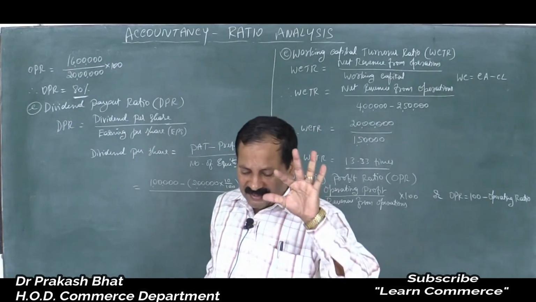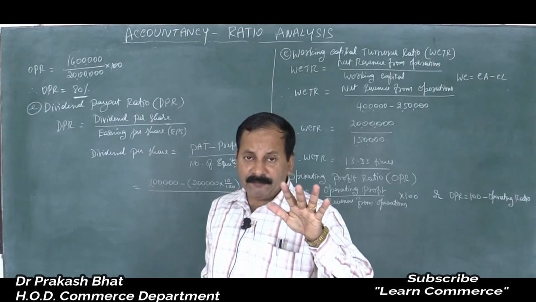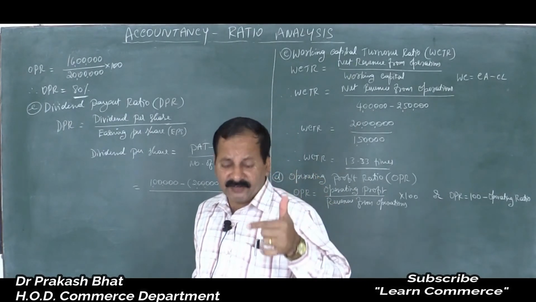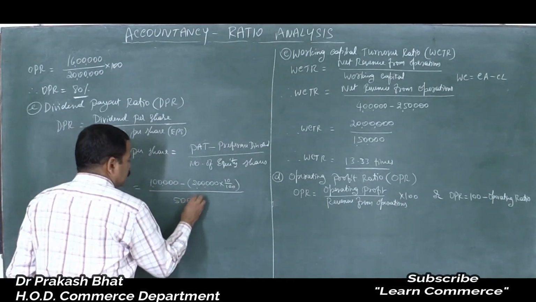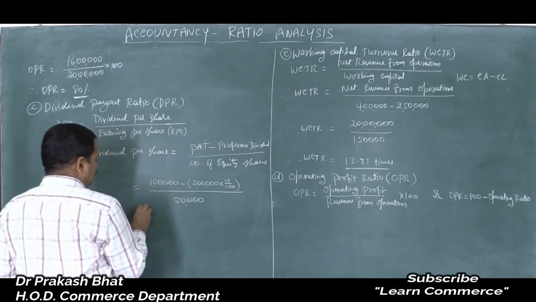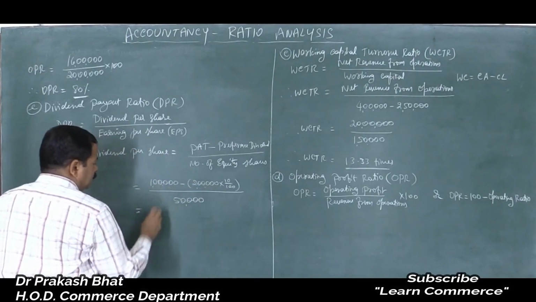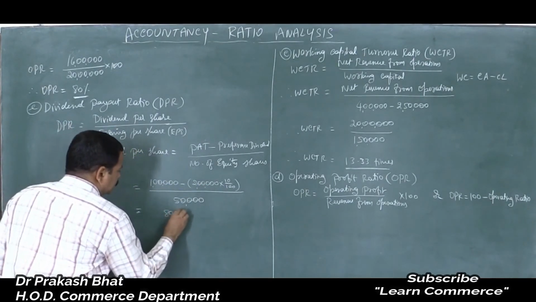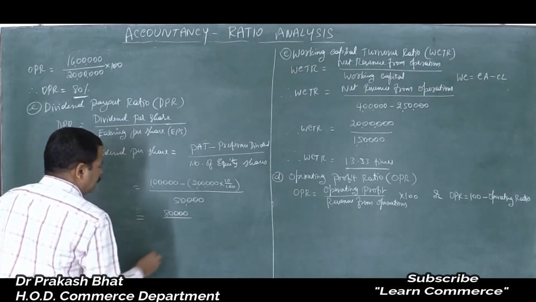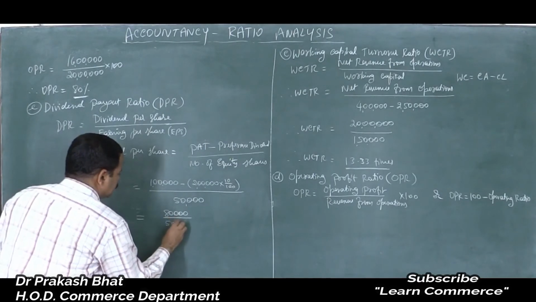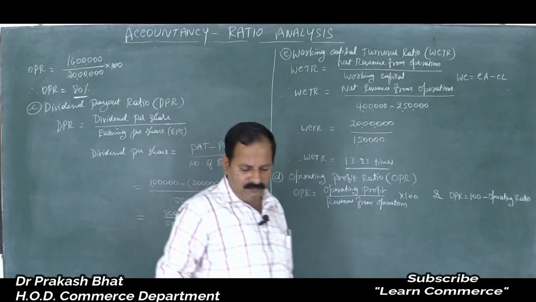5 lakh is the share capital, equity share capital, paid up capital, and face value is 10. That means 50,000 shares, right? 50,000 shares. How much remains? Here 20,000. So 80,000 remains, divided by 50,000.